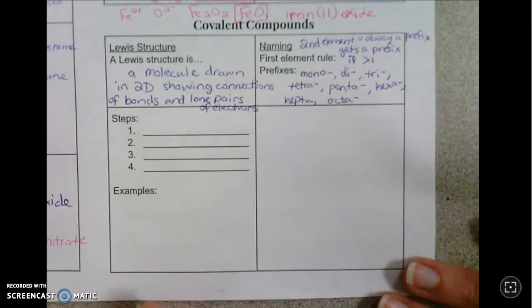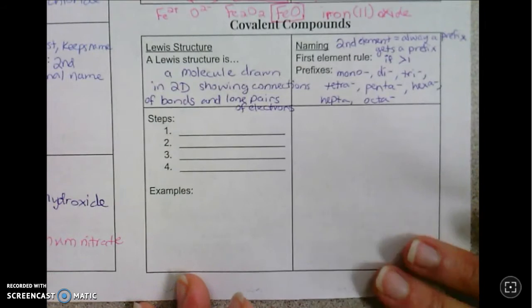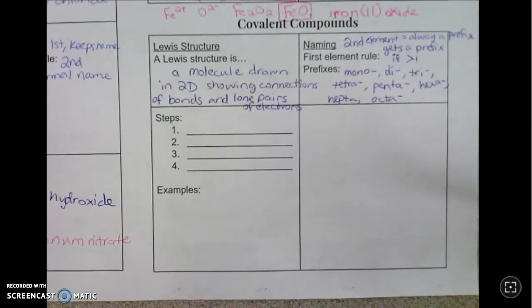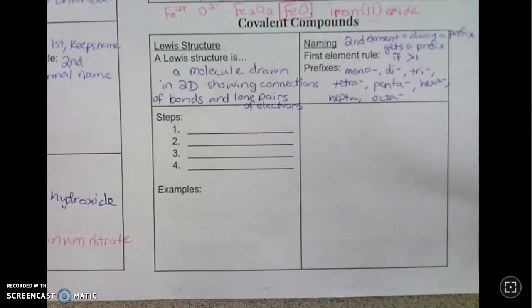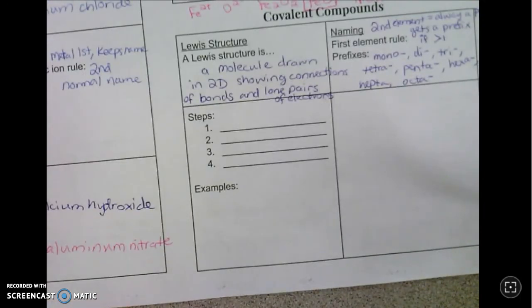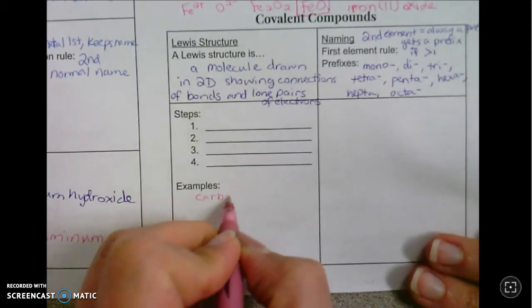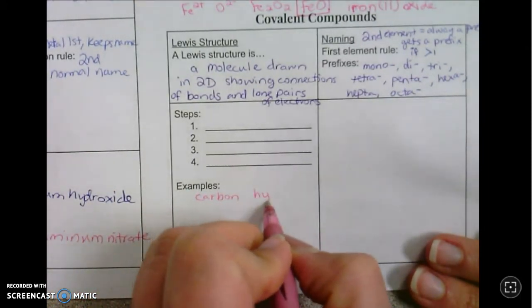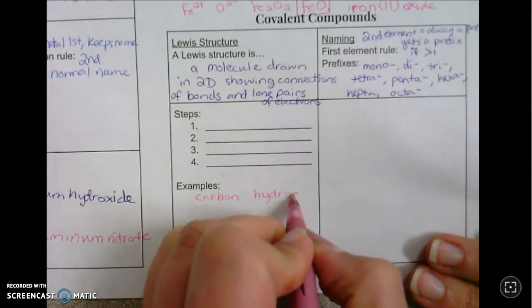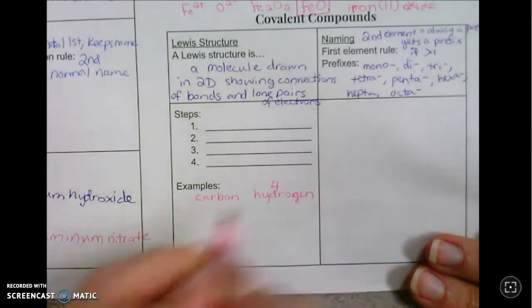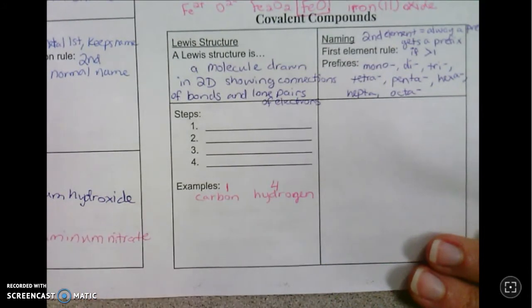Okay, but for the covalent compounds, we're going to be using two nonmetals. So let's say that our two nonmetals we wanted to use were carbon and hydrogen. And let's just say I told you that we're going to need 4 hydrogens and 1 carbon to make this compound.